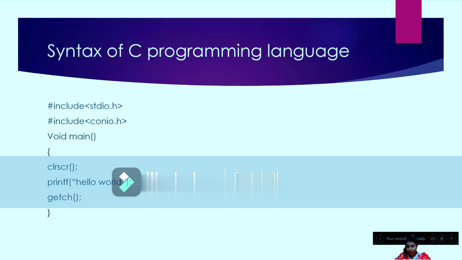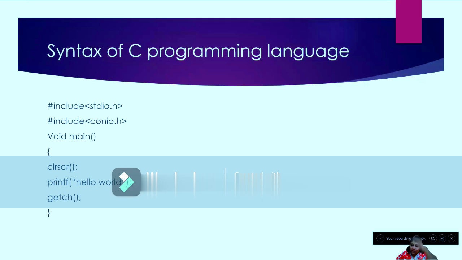Now I will explain each one of these. What is the meaning of this? #include is nothing but include is a header file which we have to include in our program. Whereas stdio.h is nothing but the standard input and output header file. .h is the header file. #include <conio.h> is nothing but clear screen.